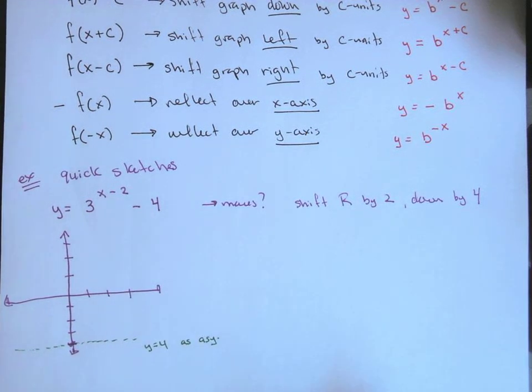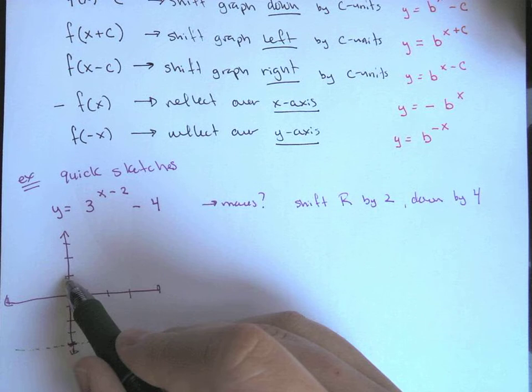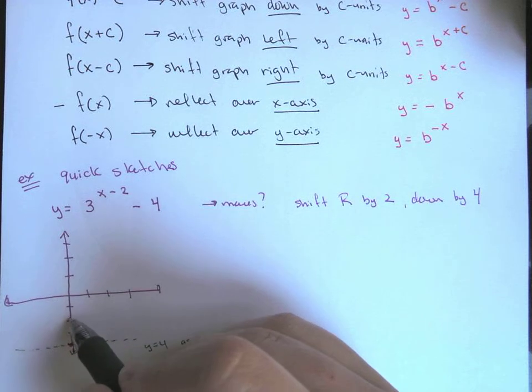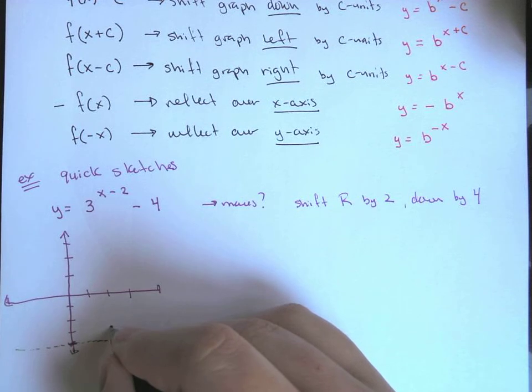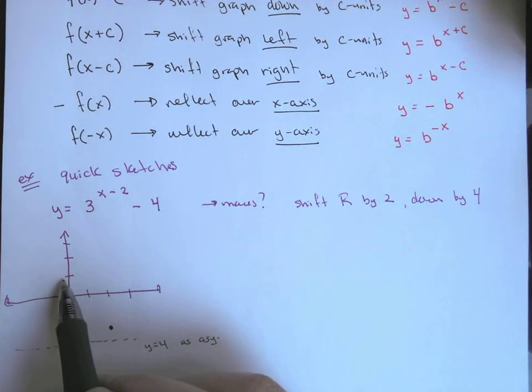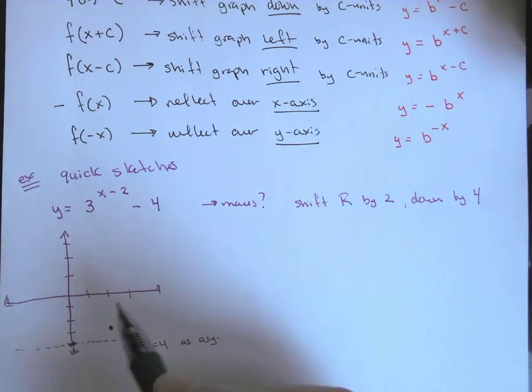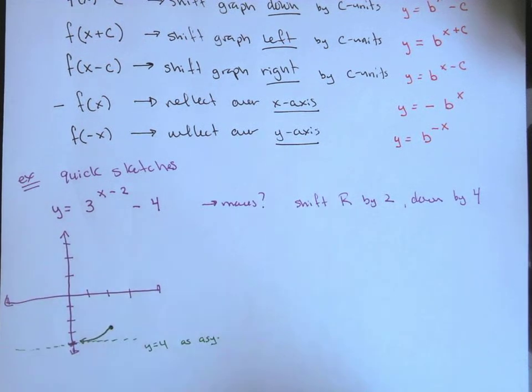So y equals negative 4 as my asymptote. Instead of going through 0, 1, I'm shifting down by 4, and I'm also shifting to the right by 2. So if that used to be 0, 1, I'd be creeping down towards the asymptote from there, and I can start to draw that in, something kind of like this.